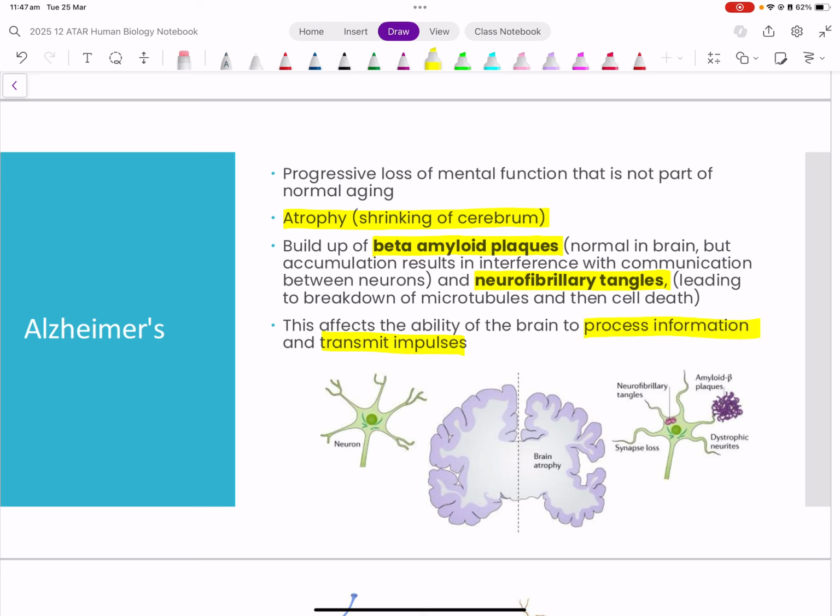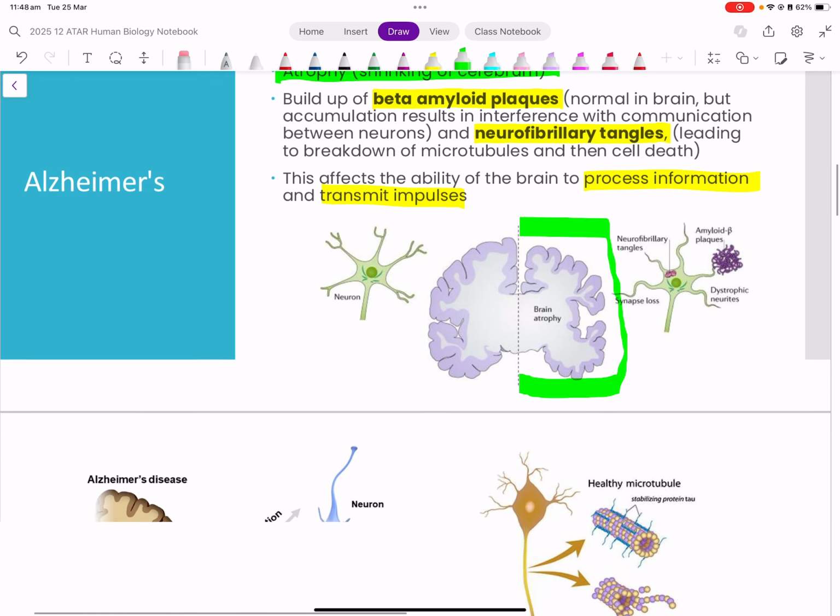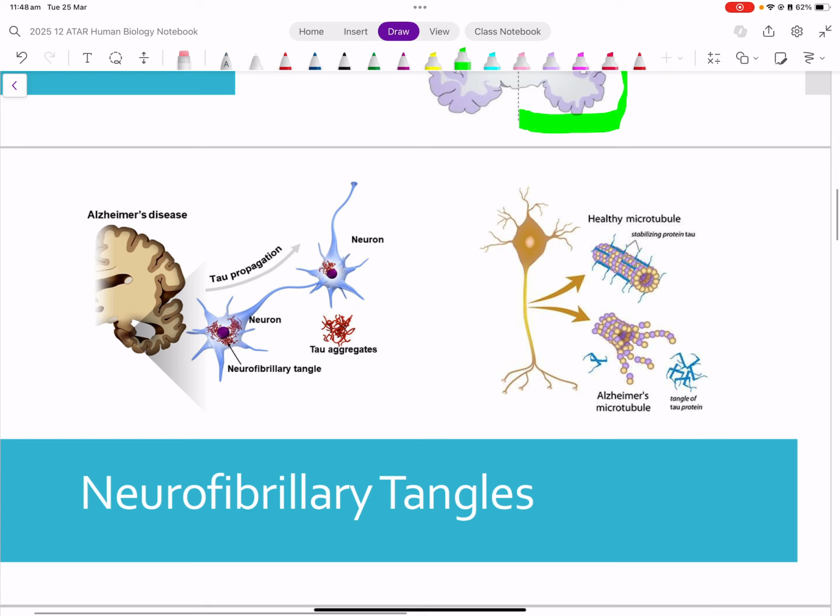and consequently, the brain's ability to process information. Now, what we can see here, if I just get rid of that atrophy bit and highlight in a different color, is that an atrophied brain is in this green box here. That cerebrum has significantly decreased in size. Now, we can attribute this to, again, those neurofibrillary tangles, which cause what would normally be a healthy microtubule to decay into an Alzheimer's microtubule.